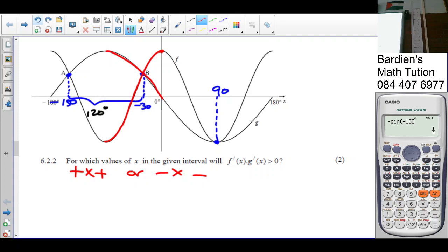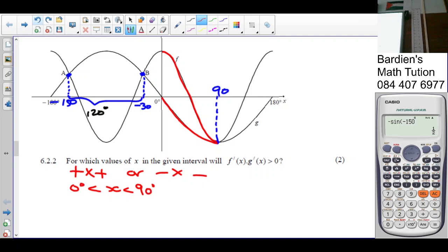However, on the other side of 0, f of x is decreasing and g of x is decreasing. Is that not what I'm looking for? So both are decreasing for x greater than 0 but less than 90 degrees.